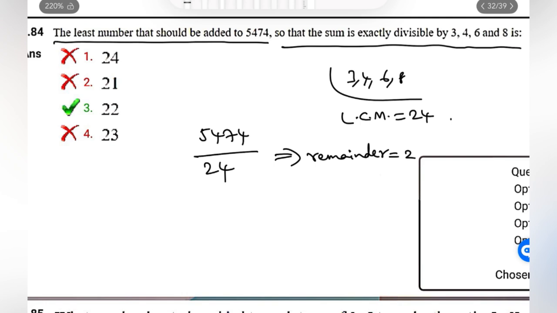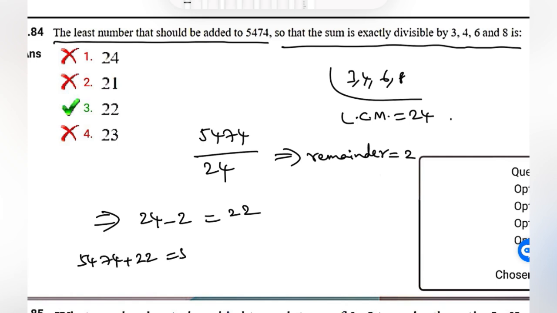So to make 5474 divisible, we need to add 22, because 24 minus 2 is 22. Let's check whether 5474 plus 22, which is 5496, is divisible by 3, 4, 6 and 8. This number is divisible by all these numbers. So 22 is the least number.